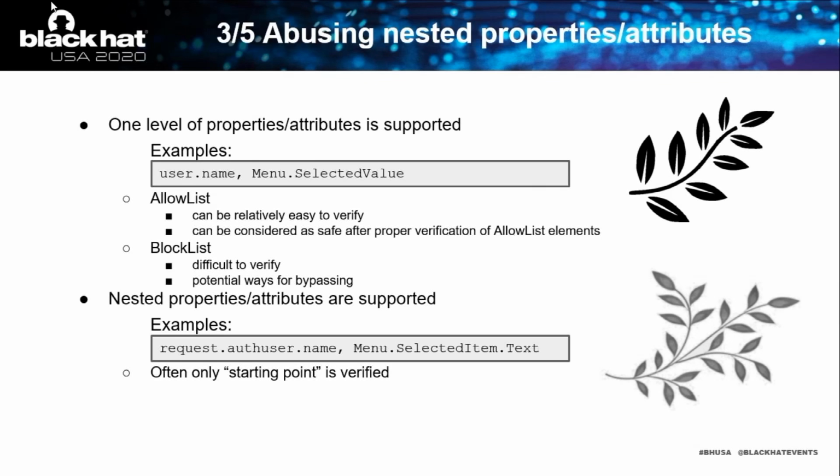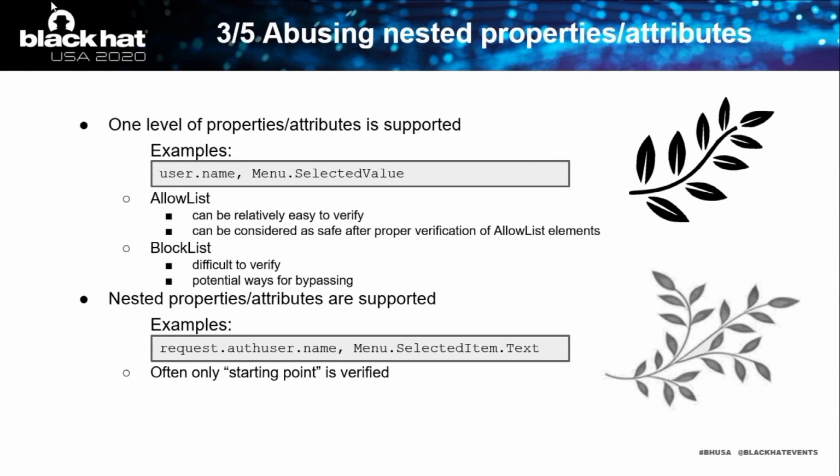What if a block list is used instead? We still need to verify the available objects, and it can be a bit difficult. So in general, we do not consider a block list a safe approach because of potential gaps in them. We will see a couple of examples of such bypasses in the Java part of our presentation.